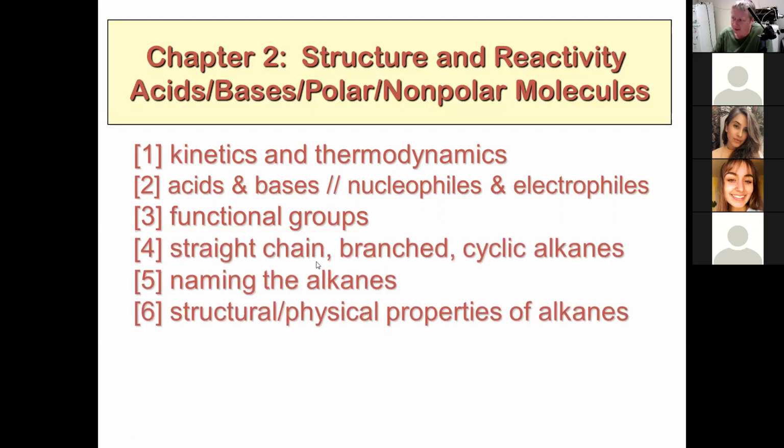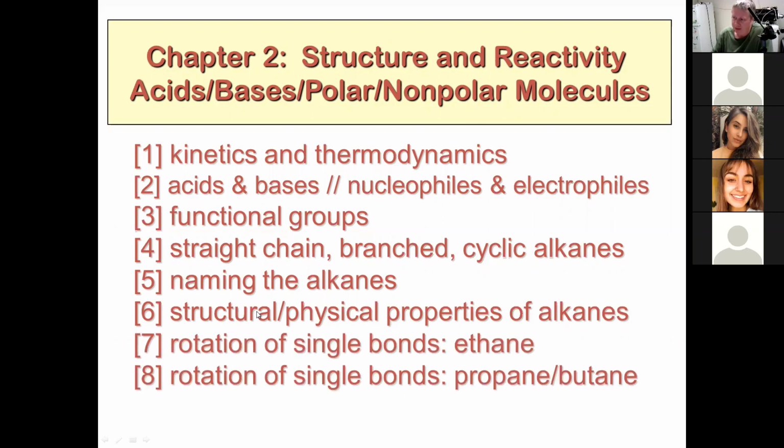All the different kinds of alkanes, which are usually those sp3 hybridized carbons, CH3, CH2, stuff like that. Straight chain, branched, cyclic. Then naming alkanes, there's a whole strategy and protocol for nomenclature. Then the structural and physical properties of alkanes. And we'll end with rotation of single bonds in ethane, propane and butane. That's going to be another fun thing, okay?